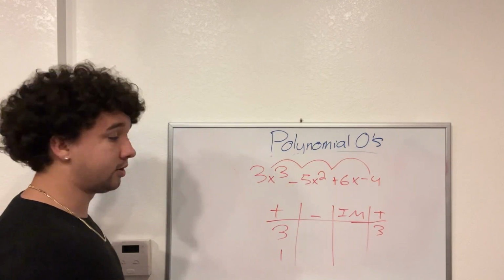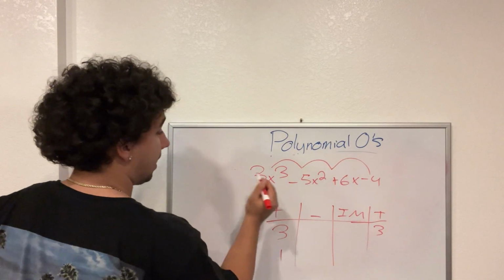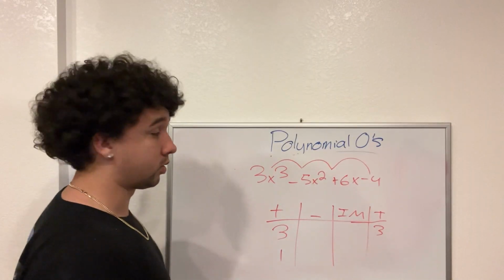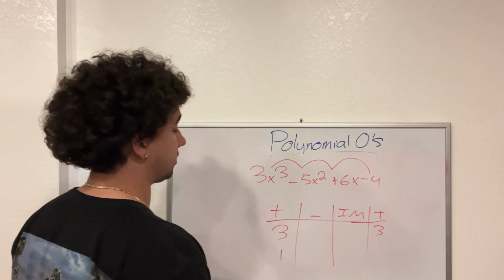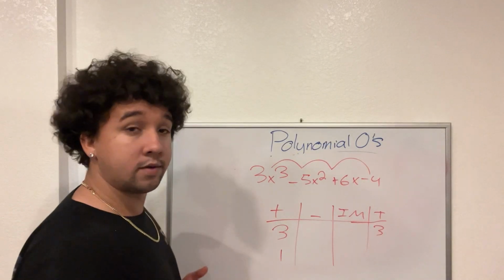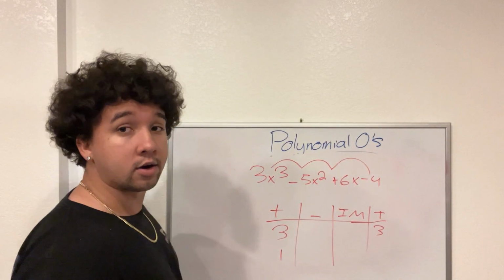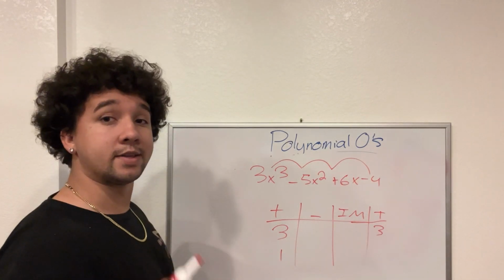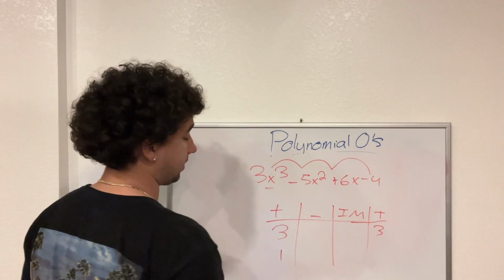Now the second thing I'm going to do is my negative values. The way that I find my negative values is I plug in negative x where each x term is, and then do the same thing, looking at the sign changes. What I'm looking for in this case is whether the exponent is odd or even. If it's odd, the sign will change. So in this case, it's odd, so it's going to be negative.